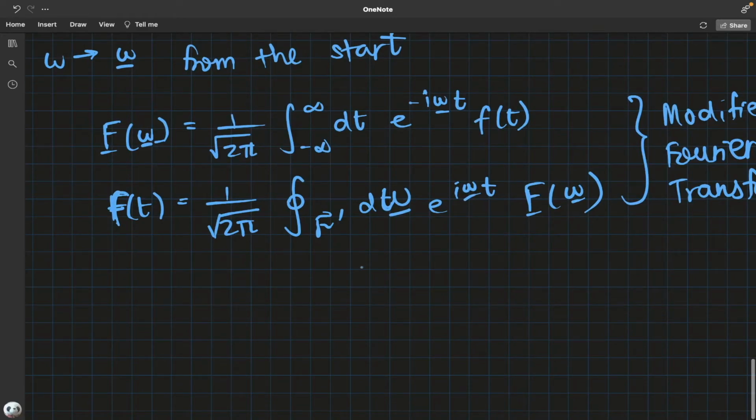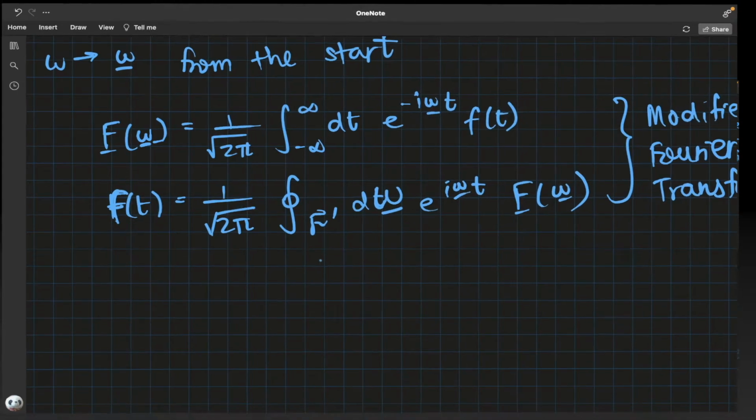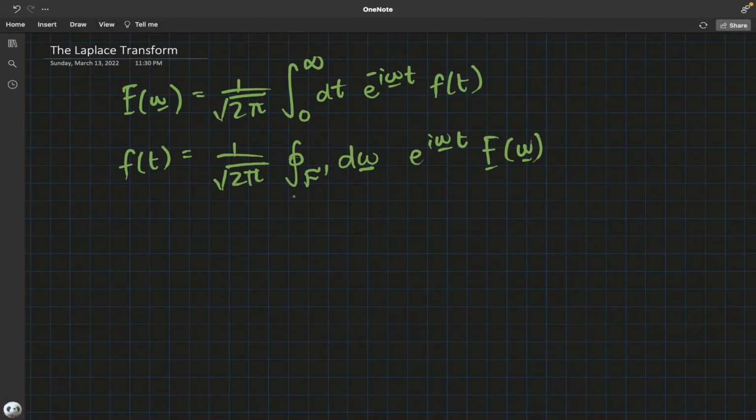And now let's talk a little about the formalisms when we move on to describe the Laplace transform. So here's the modified Fourier transform. Now what we're going to do is rewrite this to make our lives a little more convenient. So this i omega, i times the complex omega, I'm going to denote as a complex s.